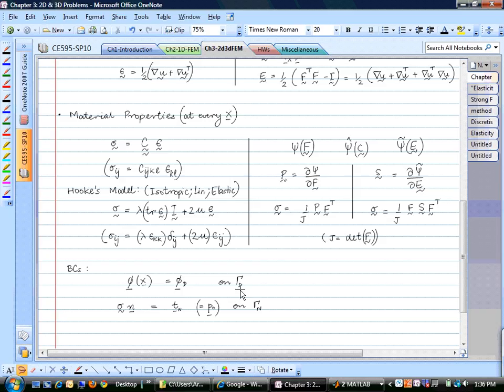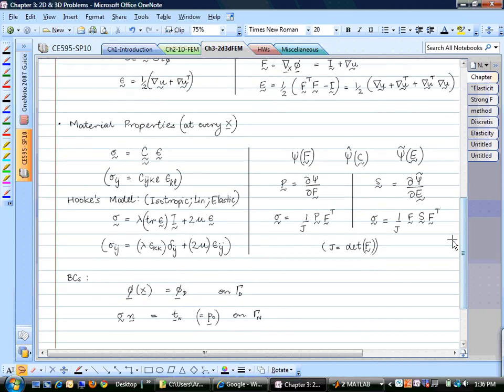I think this part also might have been missing from your handout, so I just added the boundary conditions. Since this is a boundary value problem, we need to have the boundary conditions also. This boundary condition just says that the deformation map is specified on the displacement boundary.